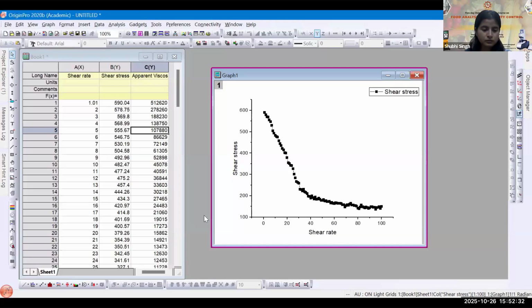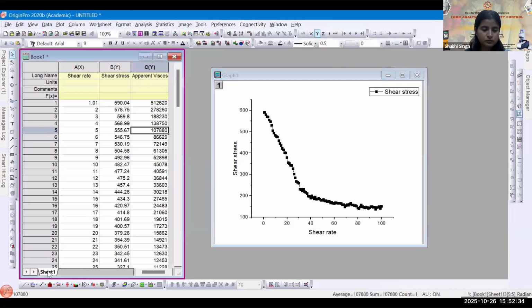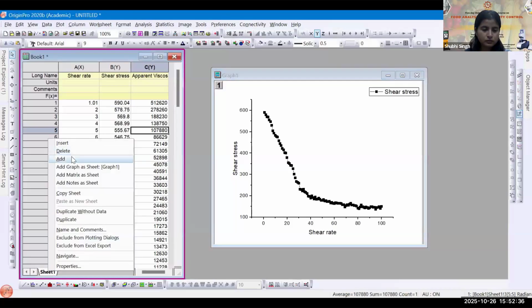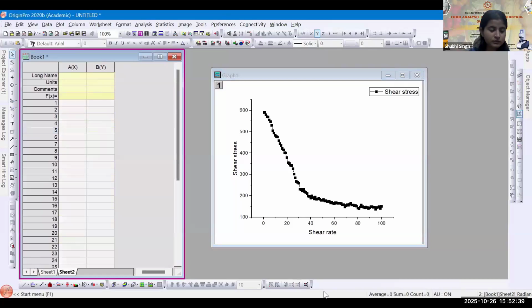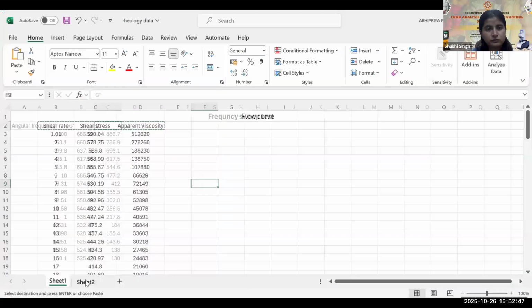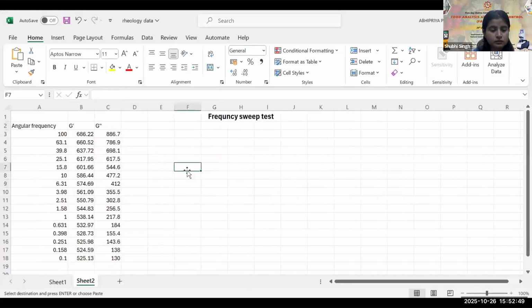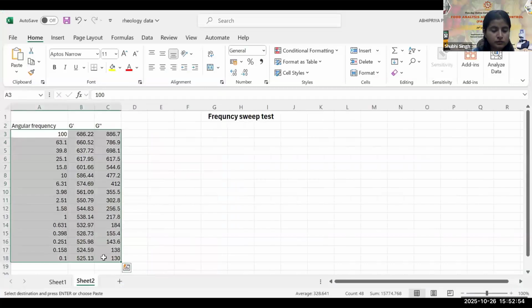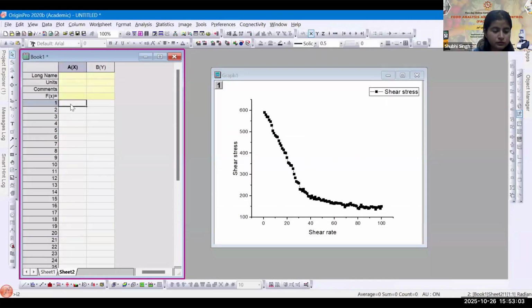For that, I will make a new sheet. There we have the data of the frequency sheet. I will just copy it and paste it here.